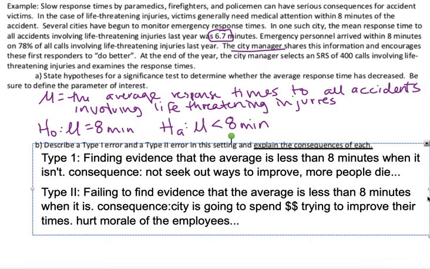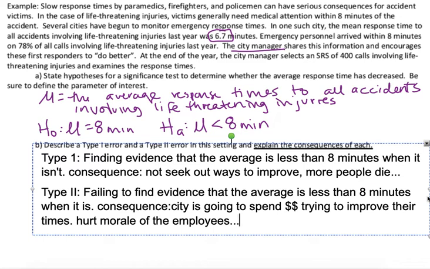The morale is going to be hurt because they're going to say, you need to be faster. And that puts a lot of pressure on the first responders to do better, even though they're probably doing well. So in this example, I would say our type 1 error is going to be worse here. Finding evidence that the average is less when it actually isn't is going to hurt people. They're not going to try to improve their times.